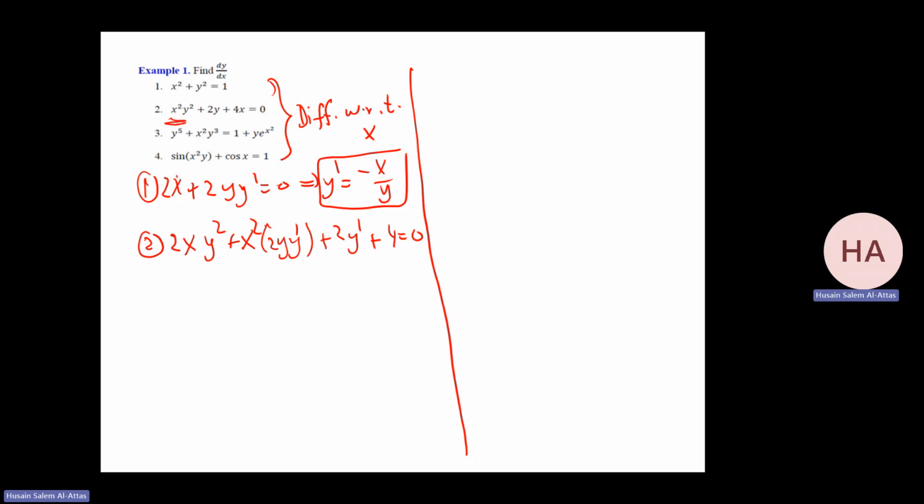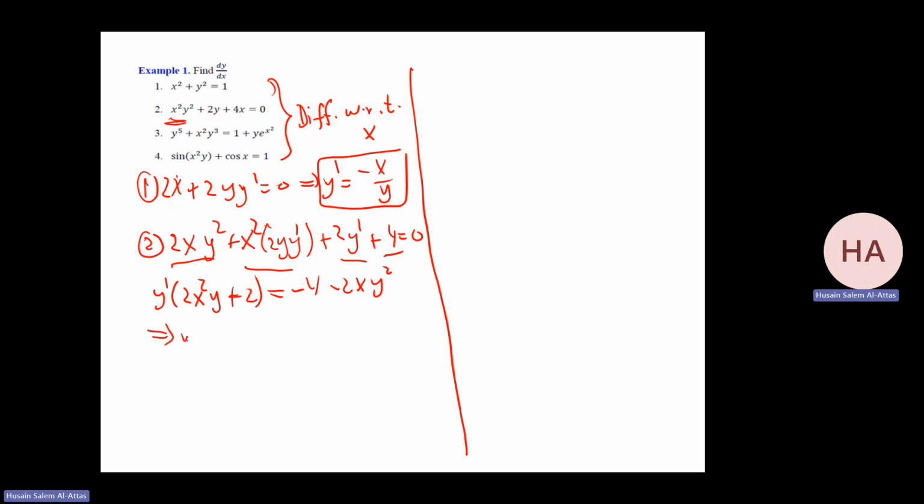Now we need to solve for y prime. Combine the things in y prime. I have this and this. So I have y prime times what? 2x squared y plus 2. That should equal these things, taking them to the other side: minus 4 minus 2xy squared.